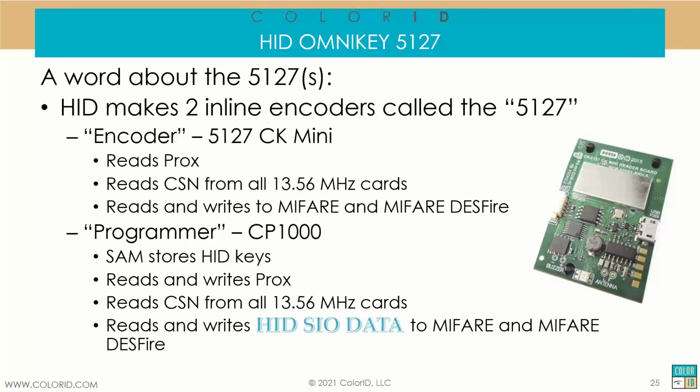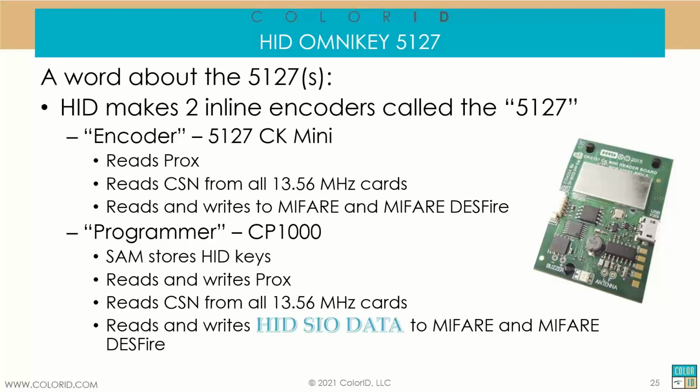They call one an encoder, but the more formal name is the 5127 CK Mini. And then the other is called the programmer, and its more formal name is the CP1000. So the encoder reads prox, it reads card serial number from every card in the 13.56 megahertz range, and it reads and writes to MIFARE and MIFARE DESFire.